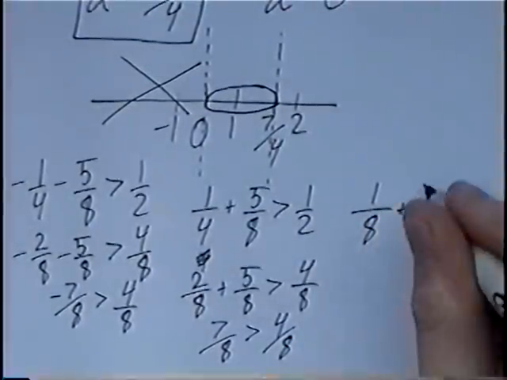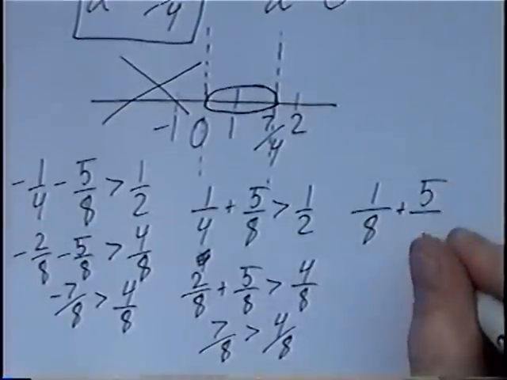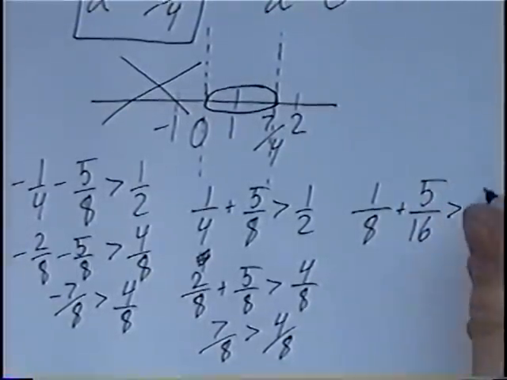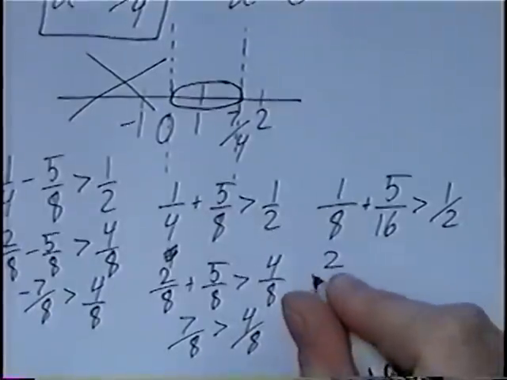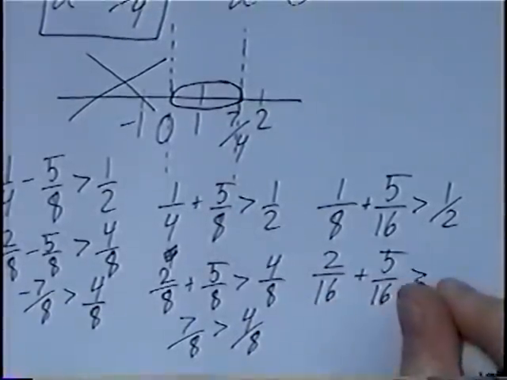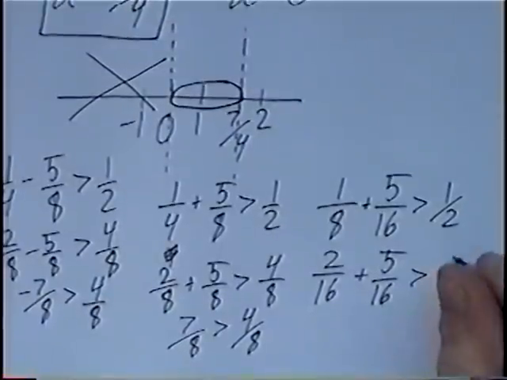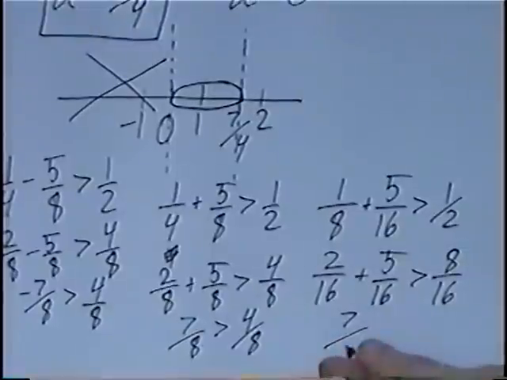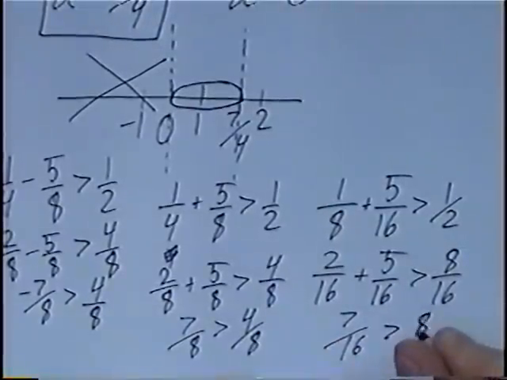Plugging a 2 into the original inequality, we'll have 1/4a, or 4 times 2, which would be 1/8, plus 5/8a, or 8 times 2, which would be 16, is greater than 1/2. Getting common denominators again, the first fraction would be 2/16, plus 5/16 is greater than, changing 1/2 into 8/16. Adding the fractions, we'll have 7/16 is greater than 8/16.